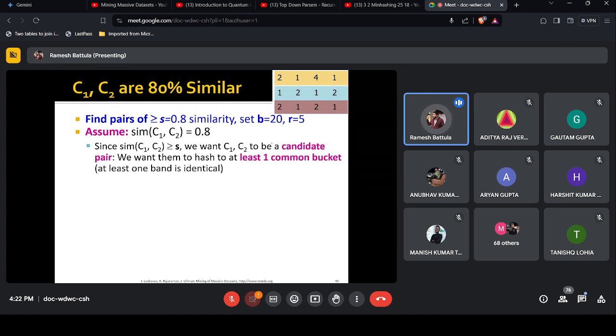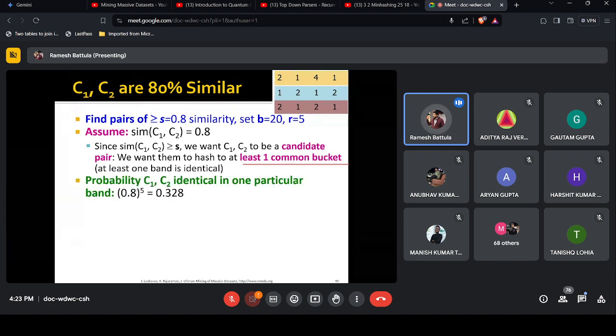If this condition is satisfied, they should be mapped to a common bucket only. That happened with C2, C6 in the previous example. So the probability of C1, C2 being identical in one particular band is 0.8 to the power 5, which is equal to 0.328.